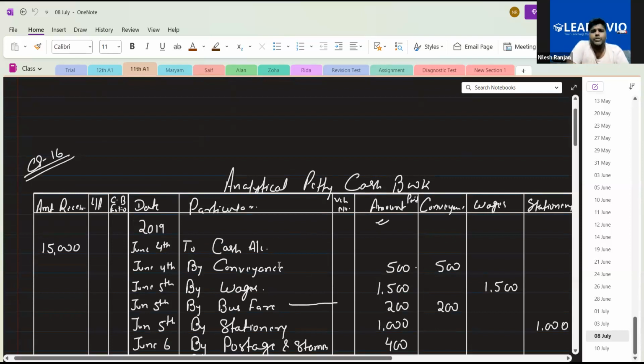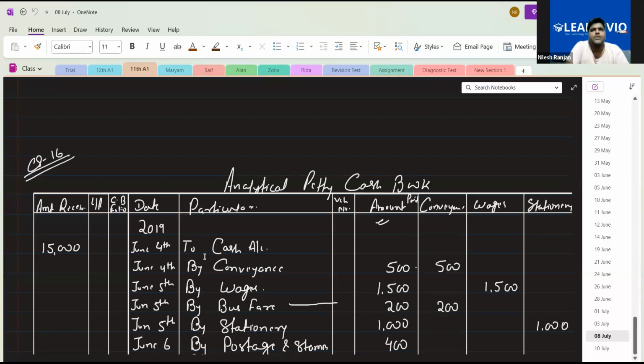But if you leave out the voucher number or cash book folio, sometimes it doesn't impact your solution. Everything is correct. While solving questions, sometimes we leave the LF column. You don't always remember it, so sometimes the cash book folio may be missed, sometimes the voucher number may be missed. So it is not much important.